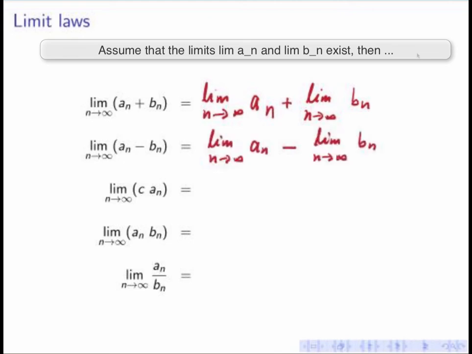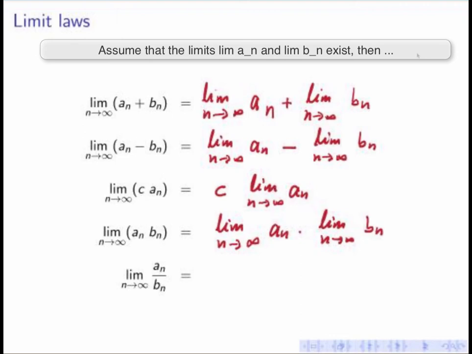If you multiply a scalar like c, then the limit of c a_n is c times the limit as n goes to infinity of a_n. And for a product, you can take out the limit as well. So the limit of a_n times b_n is the same as the limit of a_n times the limit as n goes to infinity of b_n.